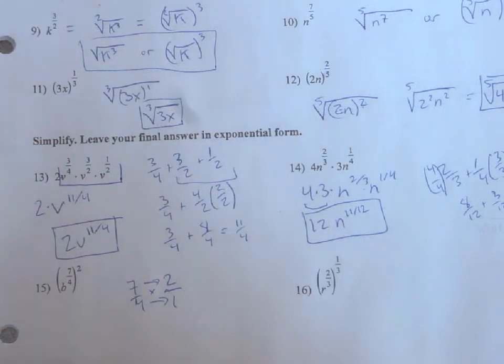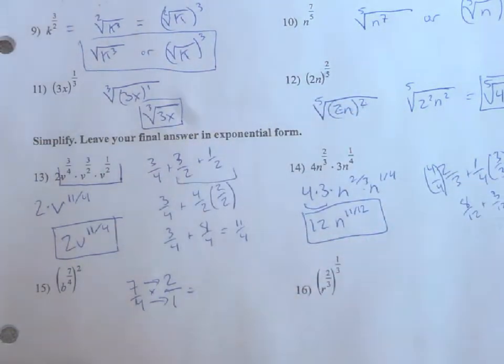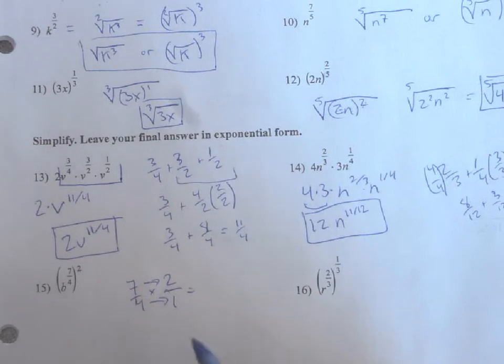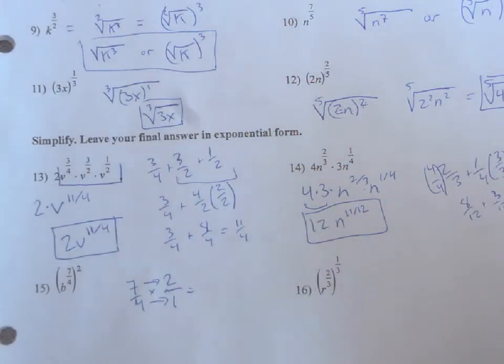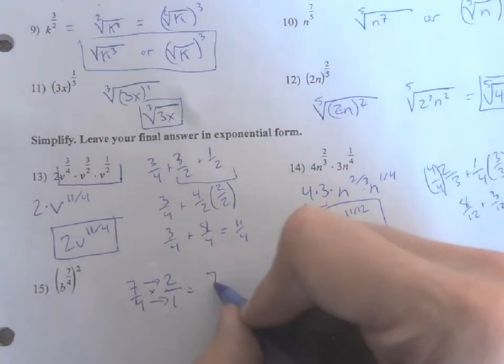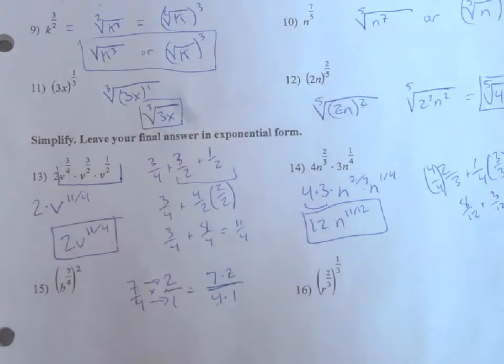Now we also talked about cross-canceling, because remember, this is going to give us a 14 over 4, but if there's any factors that go into these diagonally, we can cancel those as well, because all the factors of 7 and 2 are going to end up in the numerator, and all the factors of 4 and 1 are going to end up in the denominator, and eventually we're going to have a 2 over a 4.